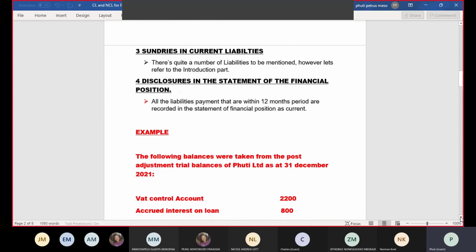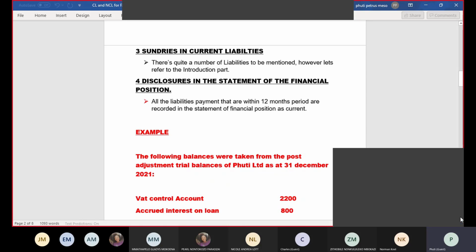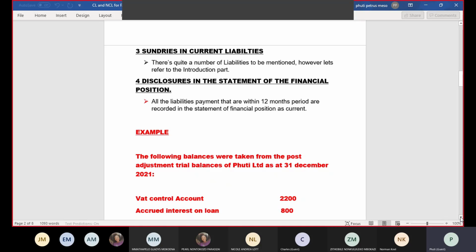Okay, summarising the current liabilities. There's quite a number of liabilities to be mentioned. However, let's refer to the introduction part. So basically, you go back to your trade and other payables, your VAT, your overdraft, and so forth. Disclosure in the statement of financial position: all the liabilities payable within a 12 month period are recorded in the statement of financial position as current liabilities.